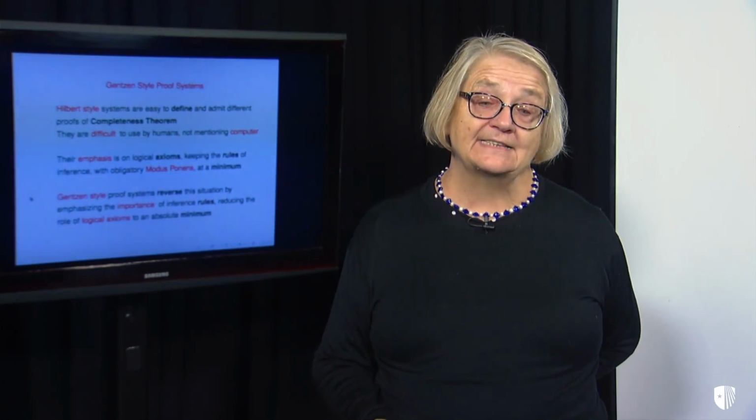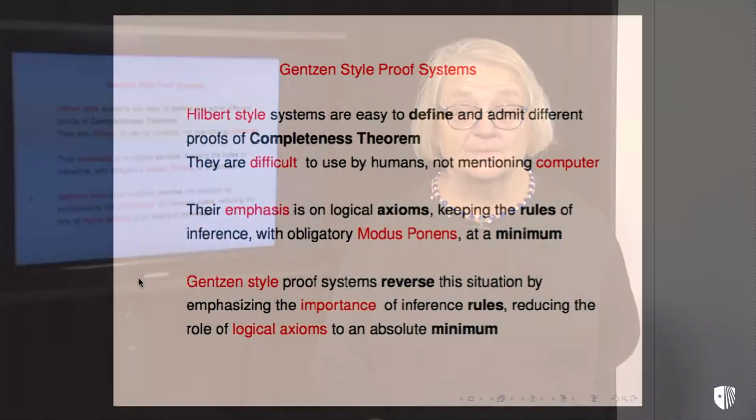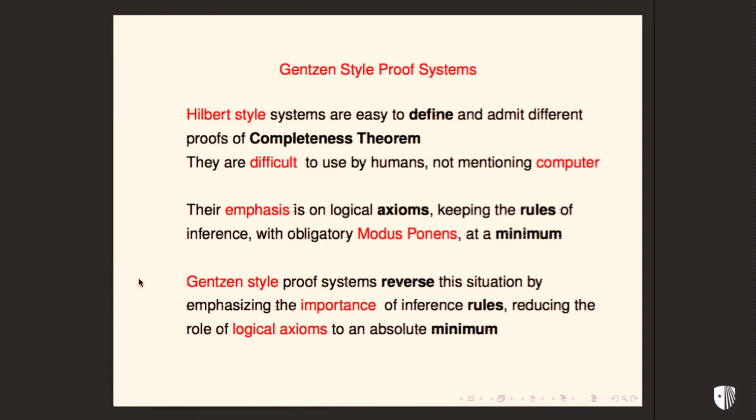And of course, the emphasis is on logical axioms, keeping rules of inference to a minimum. In our system there was only modus ponens. There are a little bit more rules for predicate logic, but this is really a minimum.